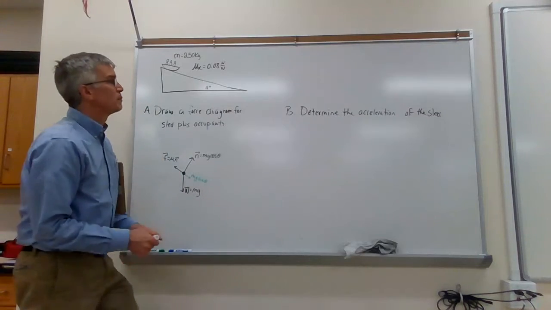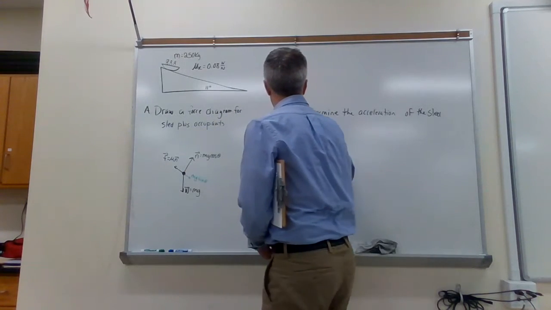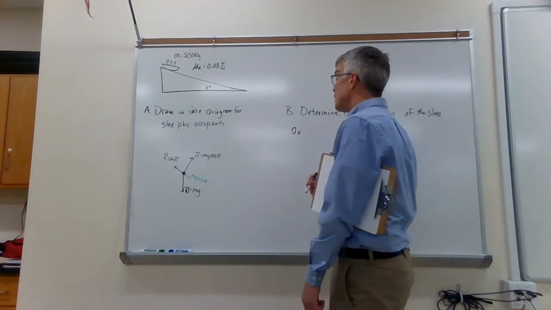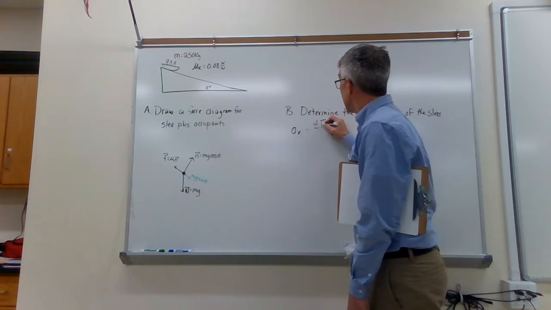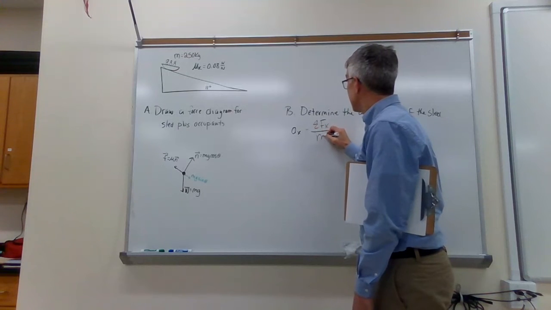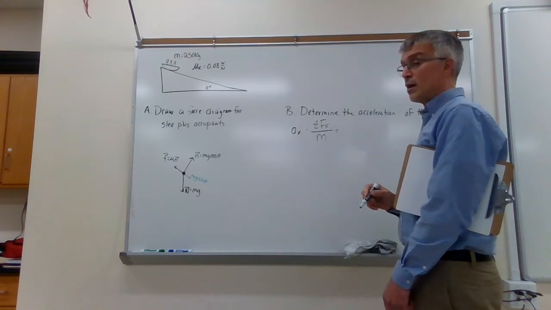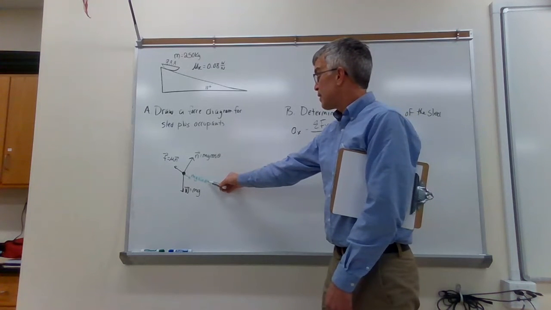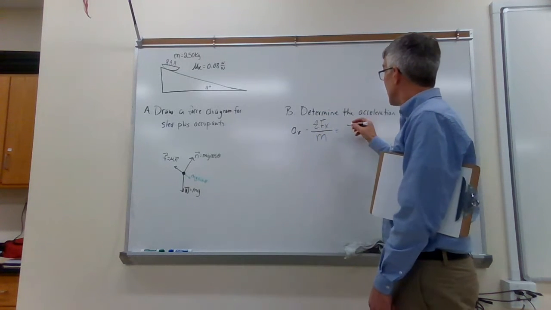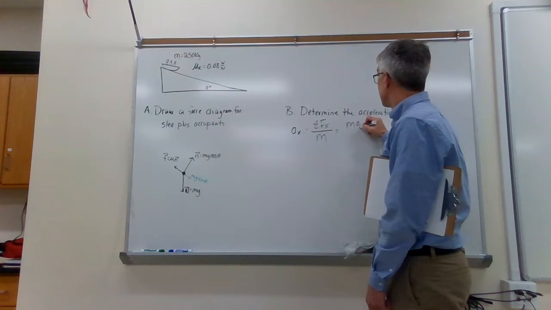So first, I've got to recognize that the sled's going to accelerate in the x direction, and that's going to equal the net force in the x direction divided by the mass. Now, I've got a force of mg sine theta down the ramp, and let's call down the ramp the positive direction.